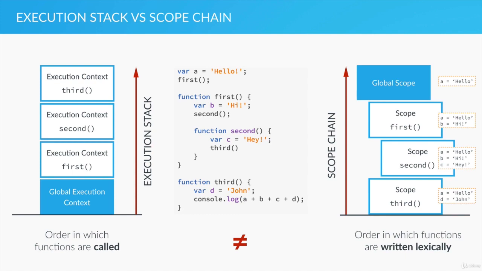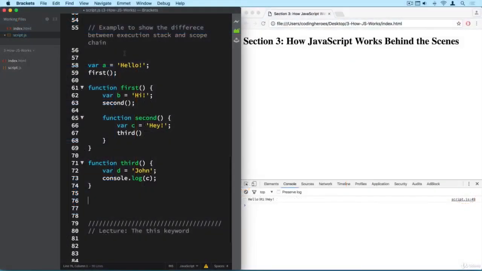So what do you think will happen in this case? Let's go find out. Let's first analyze the code that we have here. So we have in a global scope the var a, which is defined as hello. We have the first function here, and we have the third function, all in the global scope or in the global execution context.